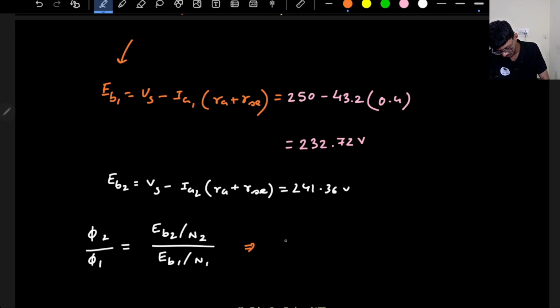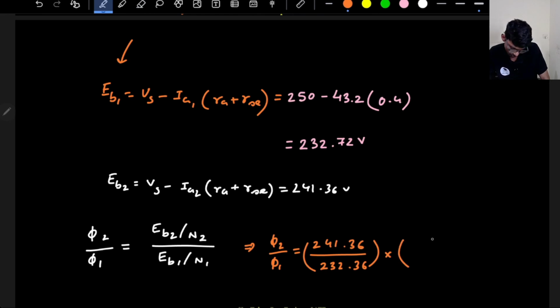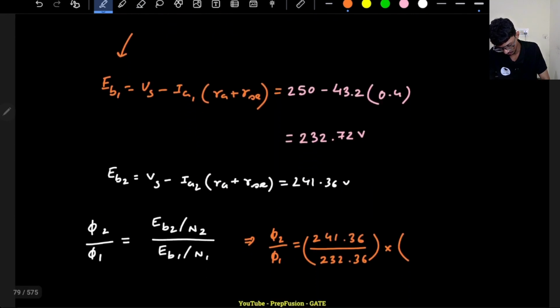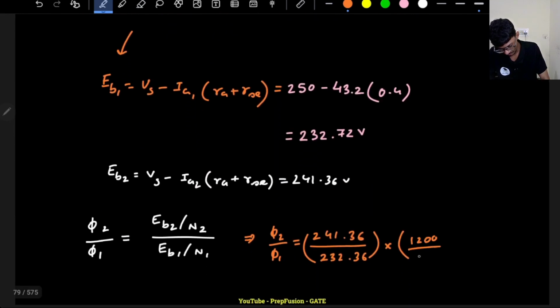So phi 2 by phi 1 will be 241.36 divided by 232.36, into N1 by N2. The initial speed N1 is 1200 and the final speed is 1800.